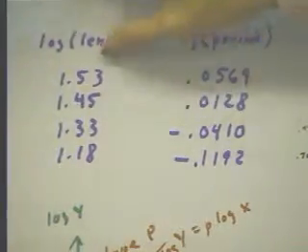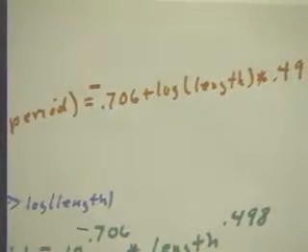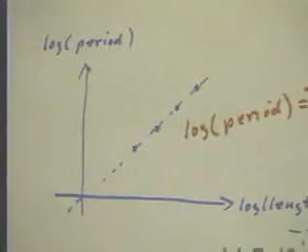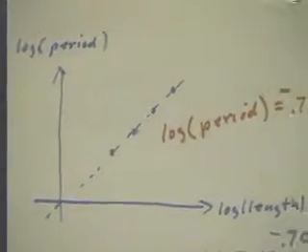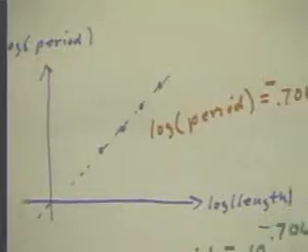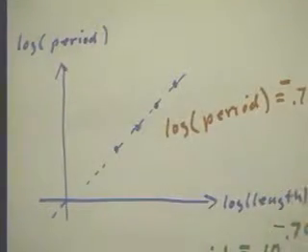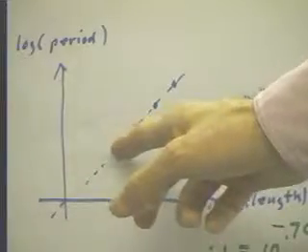What we actually did was we used Derive to find the function. And the function we found for the log of the period versus the log of the length was, okay, our graph looks like this. We have a straight line.